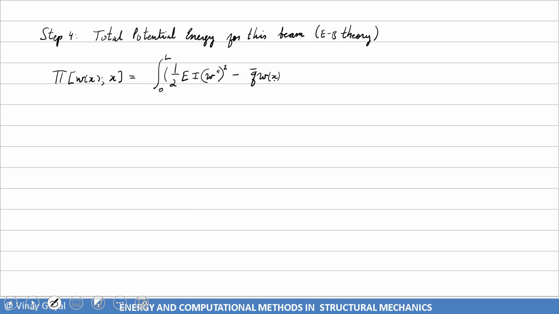I don't have to write it as a function of x because we know it's a function of x. dx plus 1/2 k w at L squared plus 1/2 alpha w prime at 0 squared.